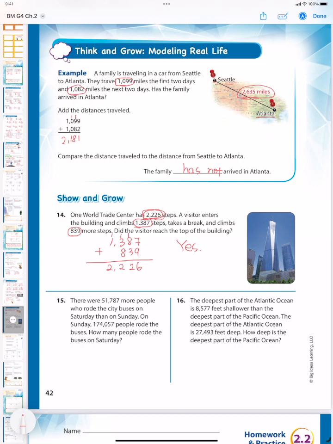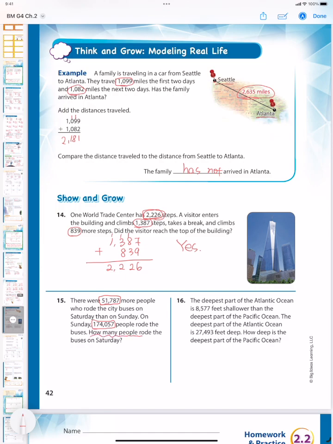Now number 15. There were 51,787 more people who rode the city buses on Saturday than on Sunday. On Sunday, 174,057 people rode the buses.